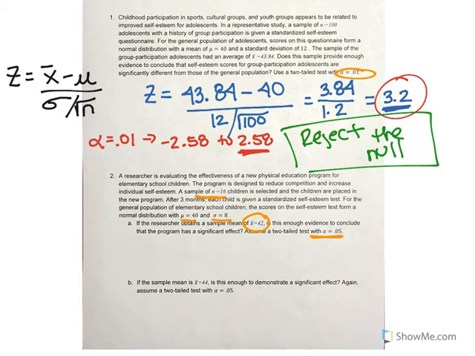So let's get that Z. We're going to take our sample mean of 42 minus the population mean of 40 divided by the standard deviation of 8, which will be divided by the square root of n, which is 16. Now, we do know that the square root of 16 is 4. So 42 minus 40 will give you 2. And 8 divided by 4 is also 2. So we get a Z-score of 1.